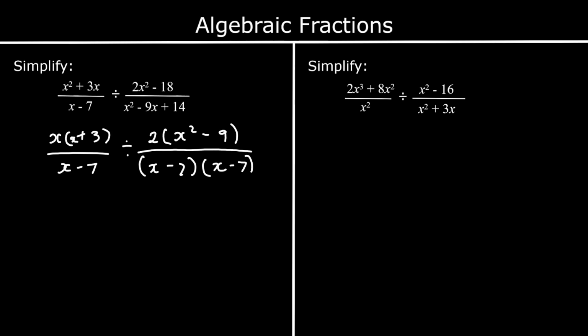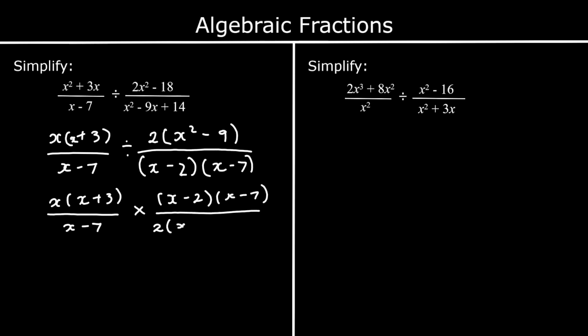I'm also going to flip over and change it to a times. So the first one stays exactly how it is. I'm going to change it to a times. So I'm flipping over my second fraction. So x minus 2 times x minus 7 over 2 times x plus 3 times x minus 3.